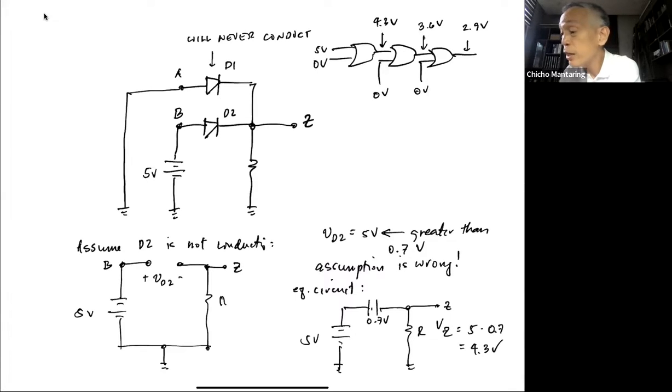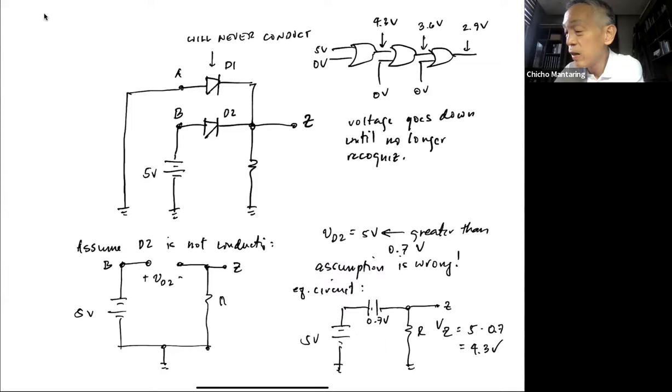Okay? So the voltage will continuously go down until it is no longer recognized as a 1.